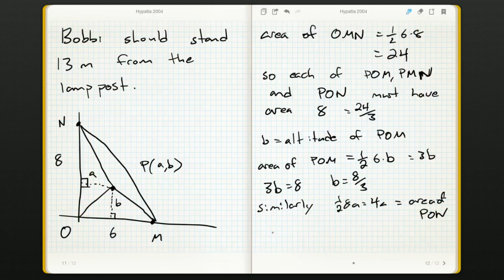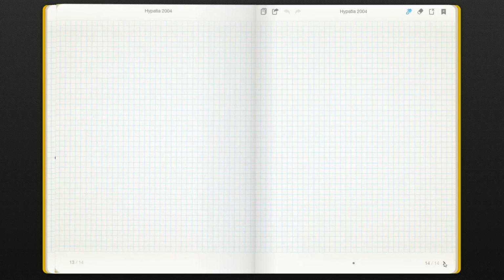And we need that to be 8 as well. So that's going to imply that a is equal to 2. Now, because each of these 2 triangles is guaranteed to have area 8, PMN has to have area 8. That's the only amount that's left. So this quite quickly tells us the coordinates.